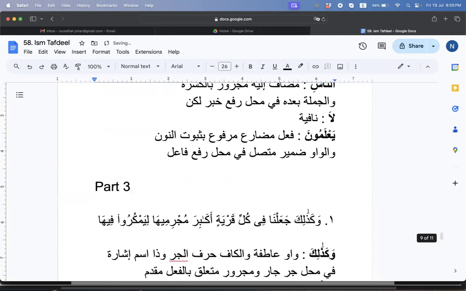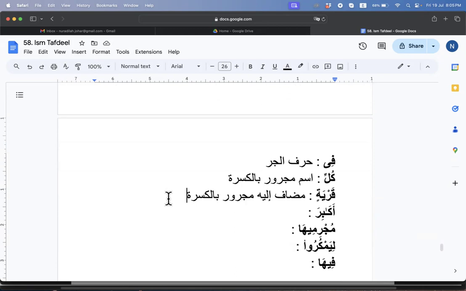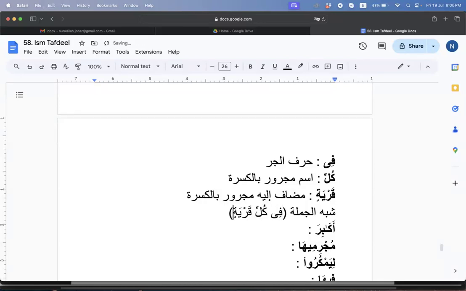And the whole thing, fi kulli qaryatin. I mean the whole thing is a shibh jumla. Yes, it's a shibh jumla. So will it be muta'alliq? Correct. Muta'alliq to what?